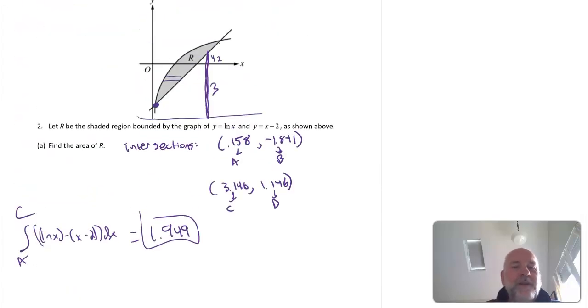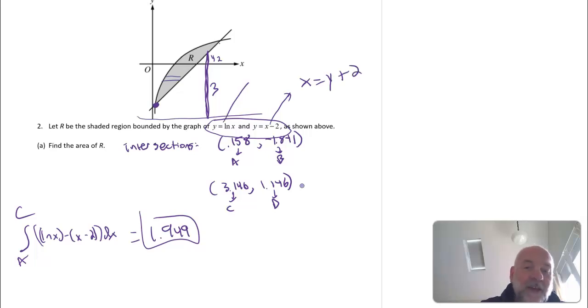But what this one required you to do is to solve these for x. So solving this one for x, you get x equals y plus 2. Solving this one for x, you get x is equal to e to the y. You e both sides, and you get x equals e to the y. So I want you to do this outside radius. Now it's just going to the y-axis, so I don't have to worry about the -3.